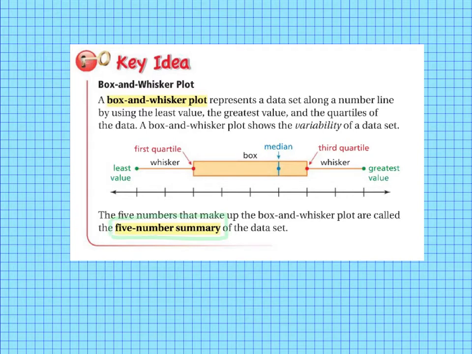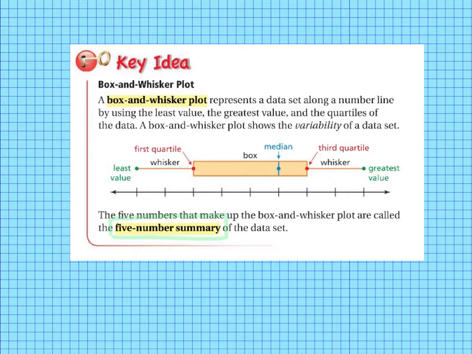And that's very important for you to know, and you know how to find all of those from our last unit. So when you're making the box and whisker plot, you find the median and you plot that just above the number line. So the plot doesn't go on the number line, it goes right above the number line.